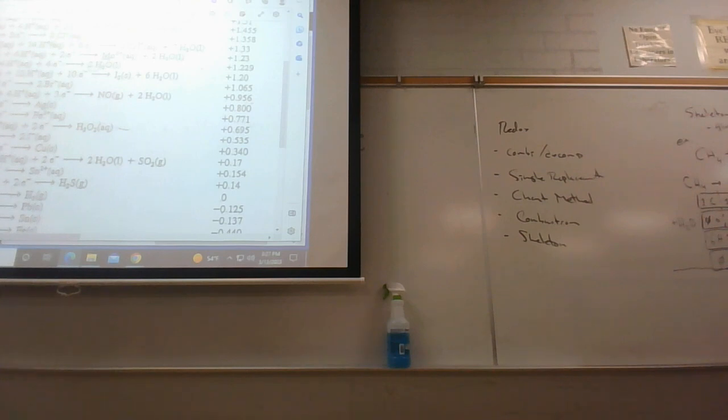And then I balance out the charge. I have 0 plus 4 on the left and then 0 on the right. And so I'm going to add 4 electrons. And so the other half reaction, I'll just add everything up. O2 plus 4H+ plus 4 electrons yields 2H2O.